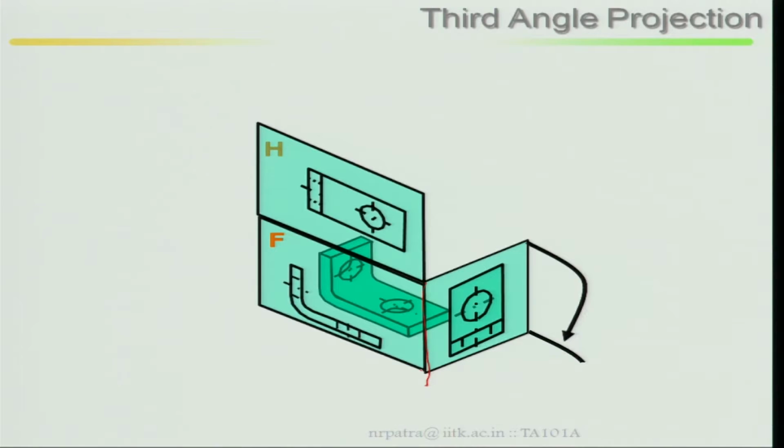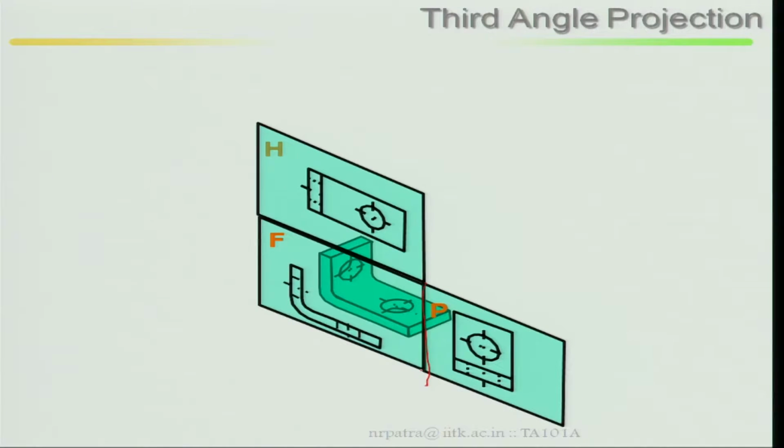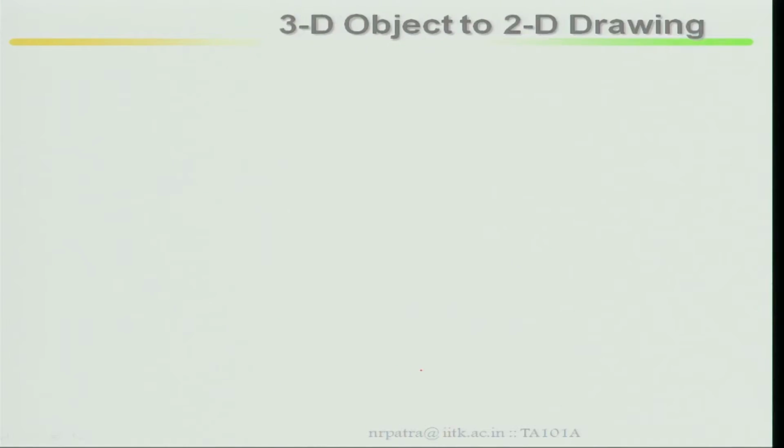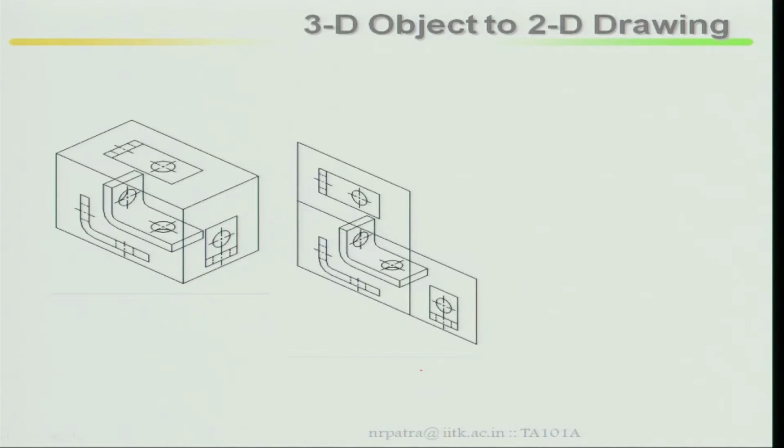Now this is your profile plane. Object is here, then frontal plane, horizontal plane, profile plane. The frontal plane gives your front view, the horizontal plane gives your top view, and the profile plane gives your side view, depending upon right side view or left side view. In third angle projection, because it has been rotated on the right side, it will be right side view, RSV.